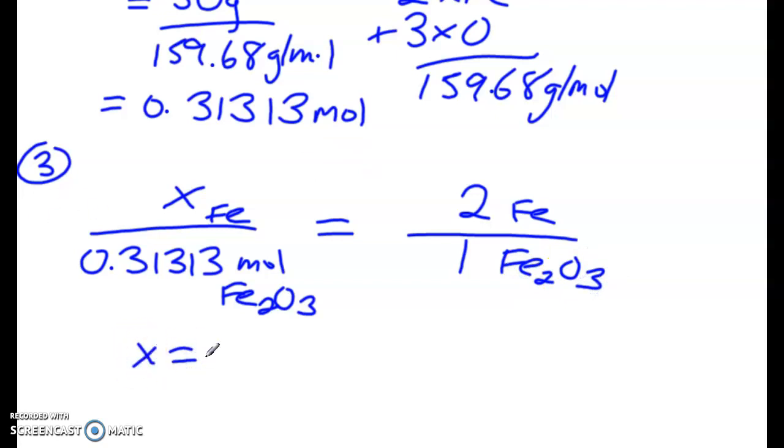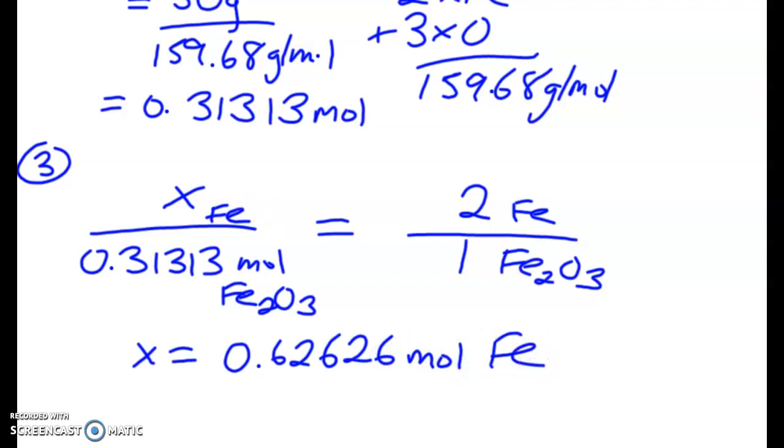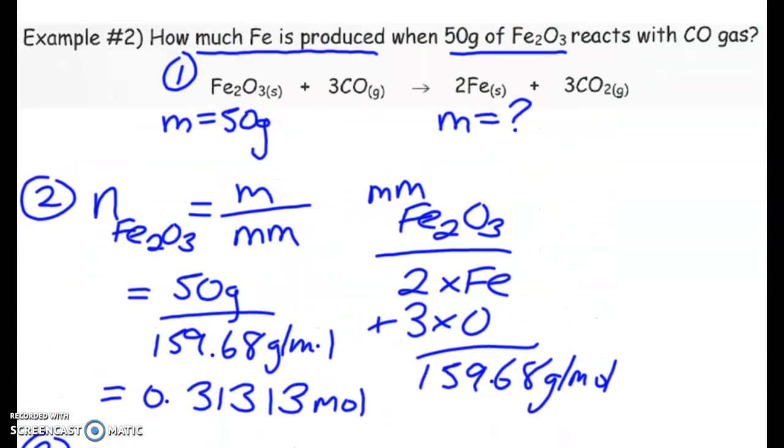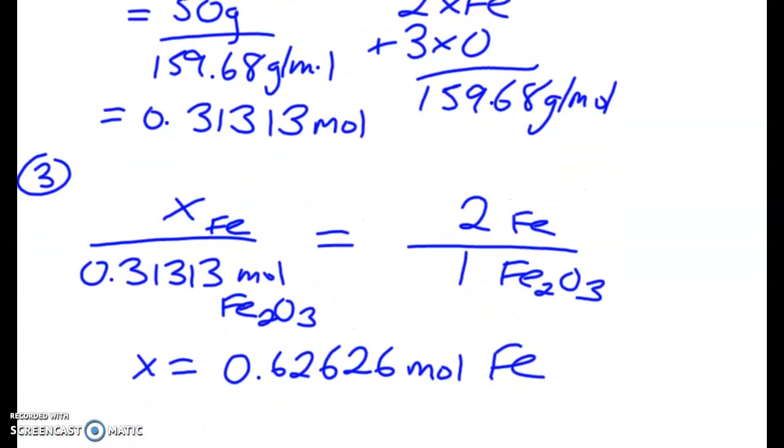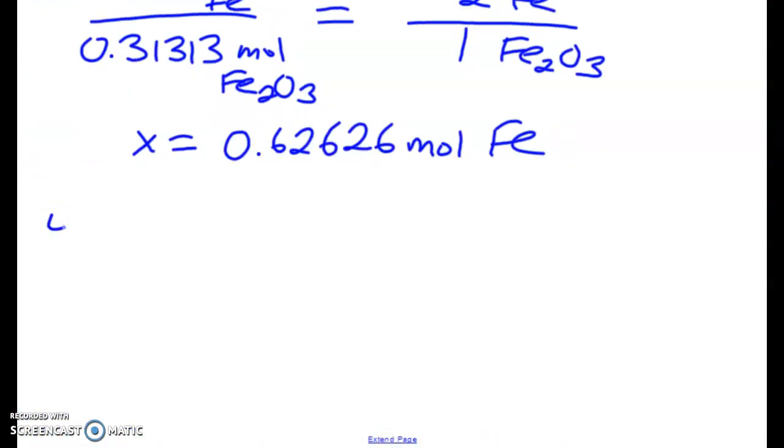So X is going to be equal to 0.31313 times 2 divided by 1. So we get here 0.62626 moles of iron. Okay, so we have now moles of iron. Last piece is we want to solve for the mass of iron.